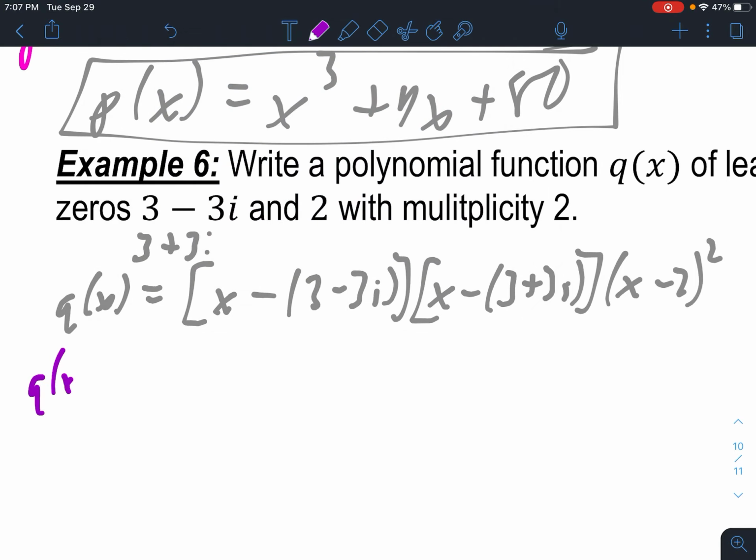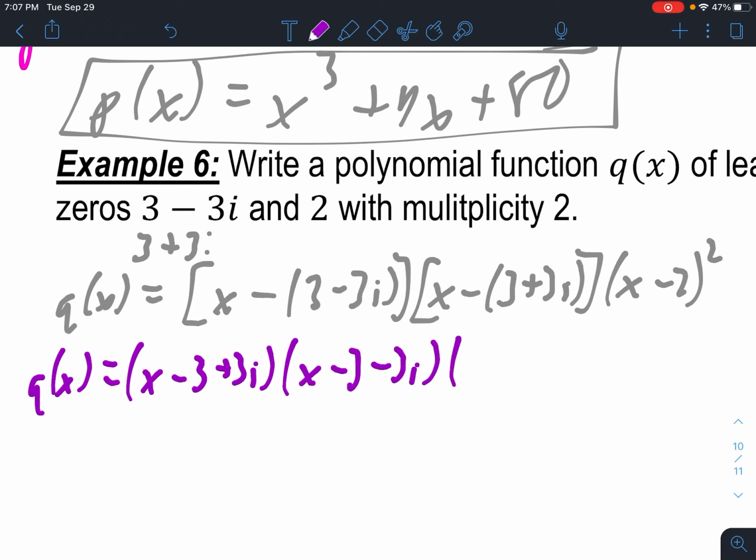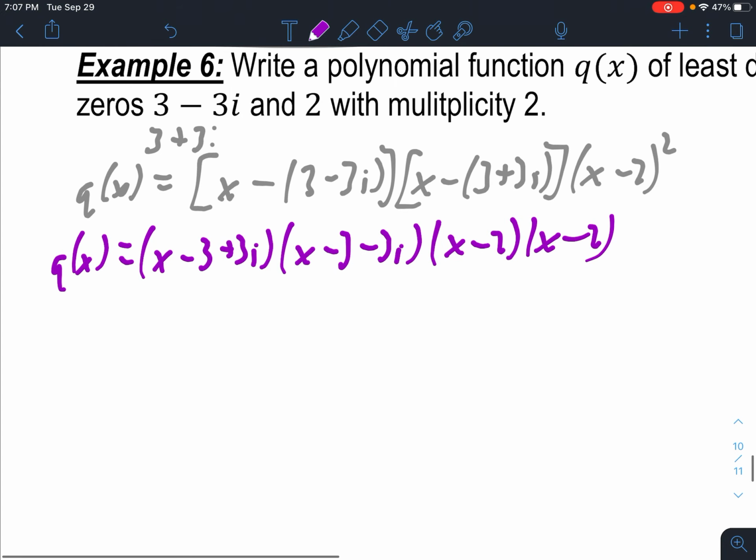Multiplying the two imaginaries and two reals together would be your first step here. But before we do that, let's just get rid of the parentheses inside the parentheses. And I'm also going to expand this so I know what I'm multiplying out there. All right, now let's multiply the two imaginaries together.